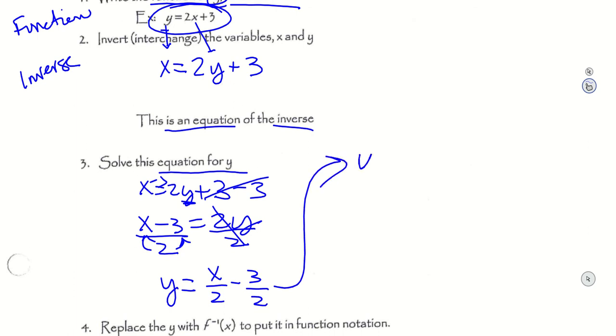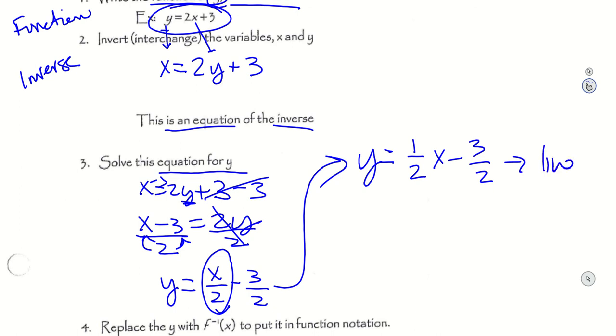That could be rewritten as y equals, dividing by 2 is the same thing as multiplying by 1/2, so y equals 1/2 x minus 3 halves. Well, hey, that's a linear function, which means it is a function.